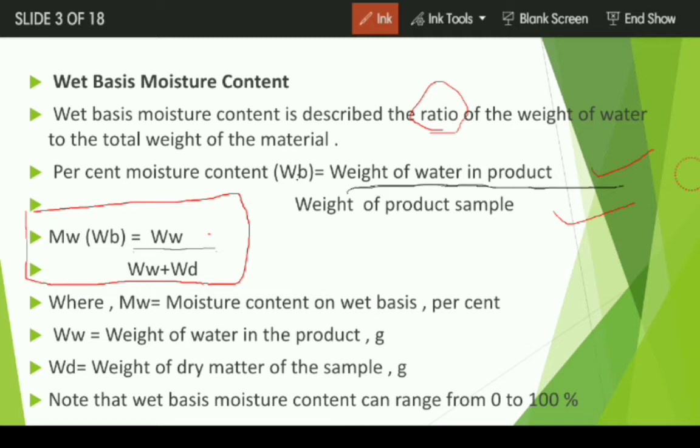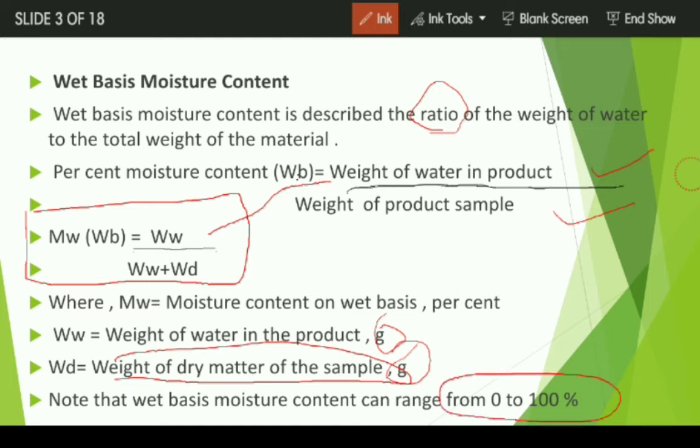Where WW is the weight of water in the product and WD is the weight of dry matter of the sample, and it is in terms of grams. Note that the wet basis moisture content ranges from 0 to 100%.